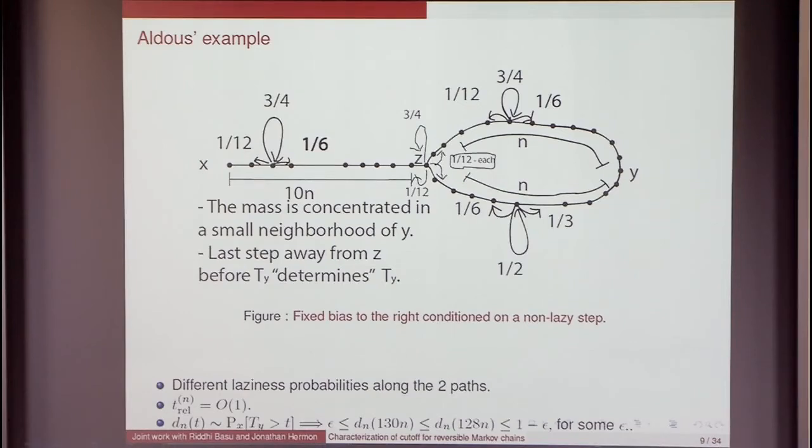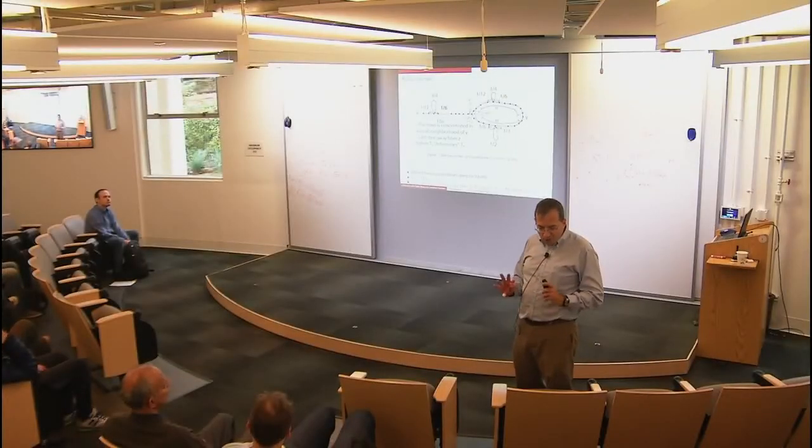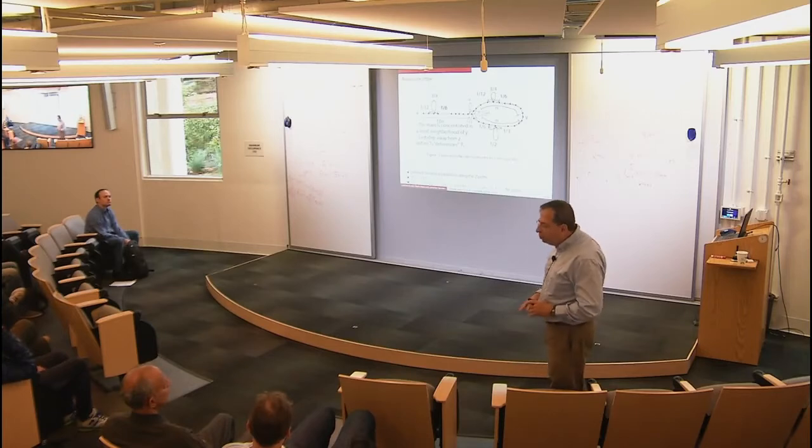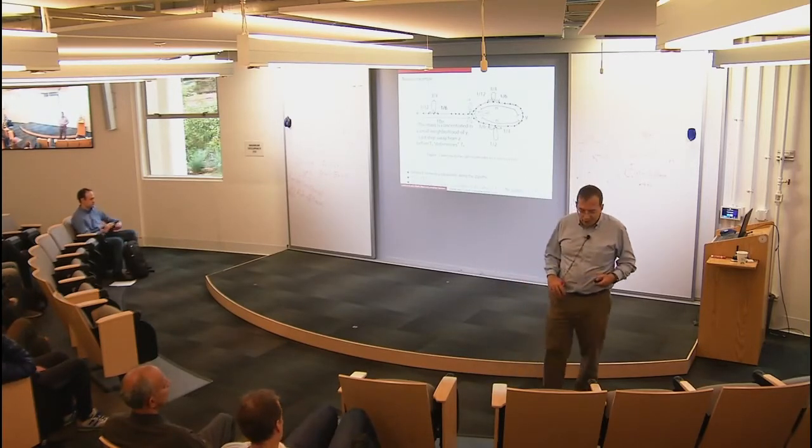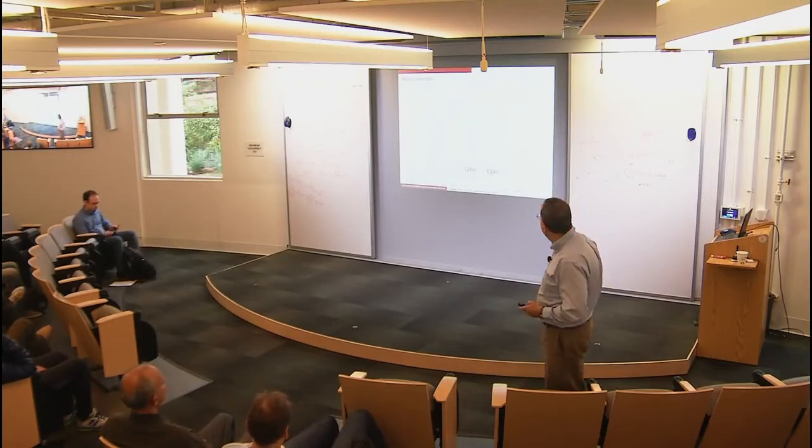So I conjecture that transitive expanders all have cutoff. This is for bounded degree transitive expanders. Conjecture: they all have cutoff. But we don't know a single example where the answer is positive, and we don't know a single example where the answer is negative, for a transitive expander. If you drop the transitivity, then there are examples going both ways. So, okay.